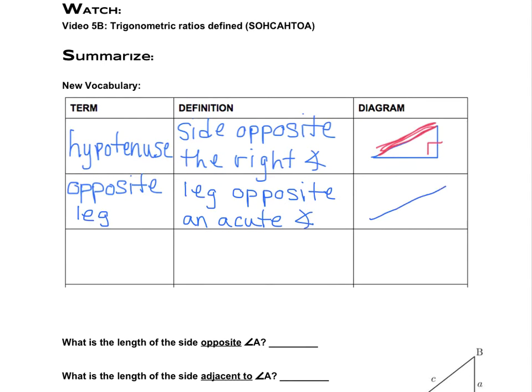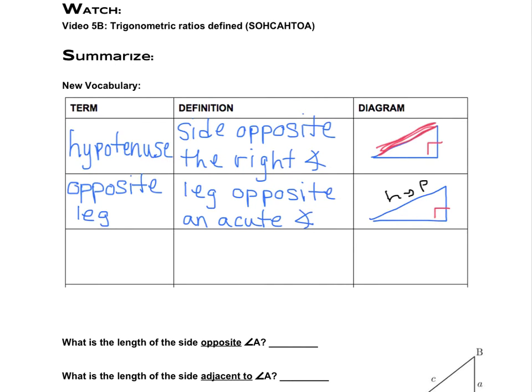So here's our picture again. We already know in this right triangle here that the hypotenuse is taken, so it cannot be one of the legs. We always call the hypotenuse the hypotenuse, so we're not going to call that one of the legs.